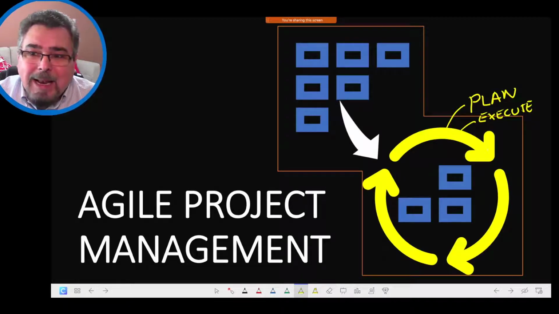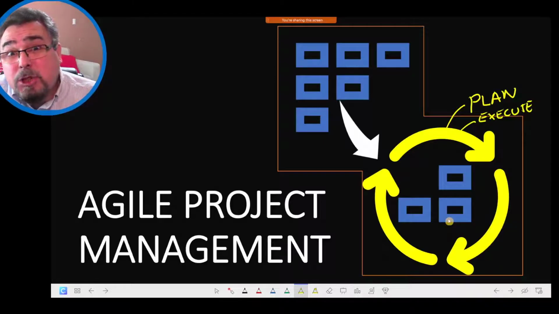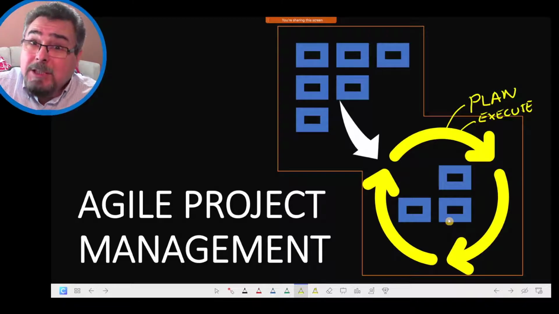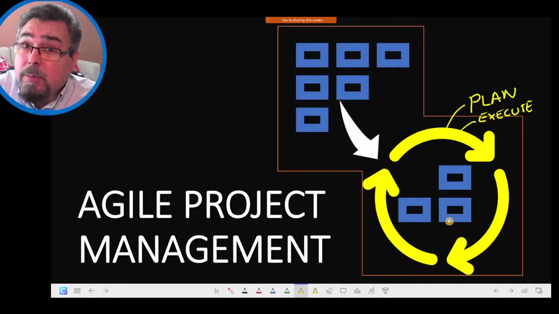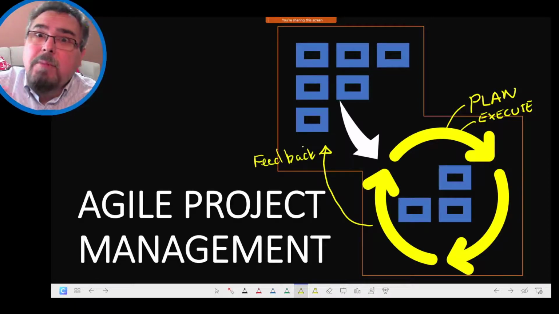What that allows is that you can deliver small pieces of the project. The customer can look at that piece, and we can get feedback, and you can review the remaining tasks.